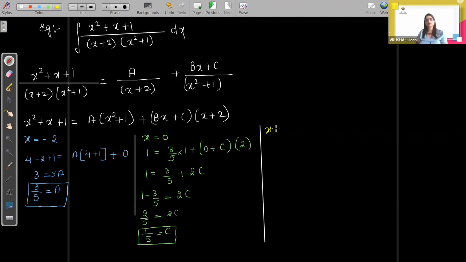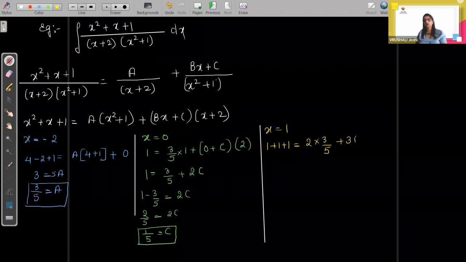Okay, taking x equal to 1, this is equal to 1 plus 1 plus 1, which is 3, equal to 2 into 3 by 5 plus 3b plus, this is going to be 1 plus 2, this is 3 into 1 by 5, correct?